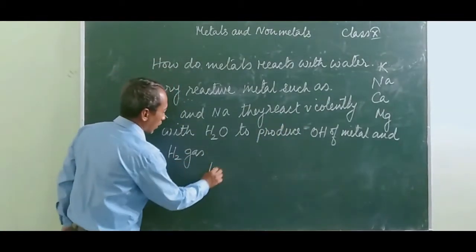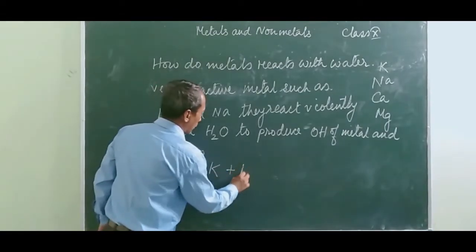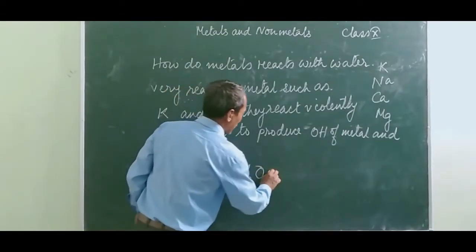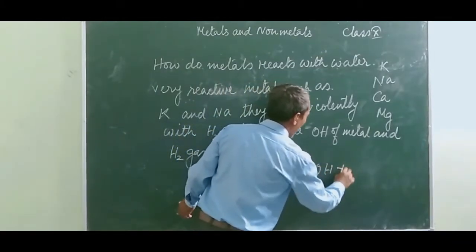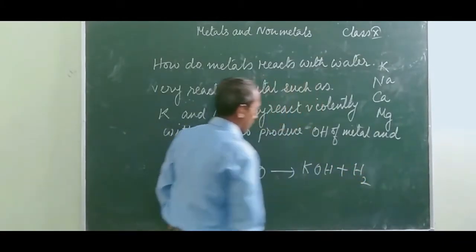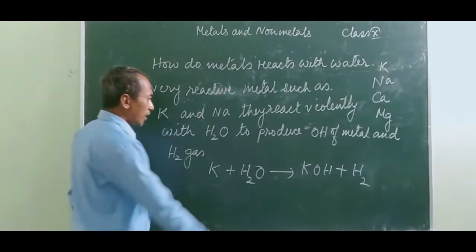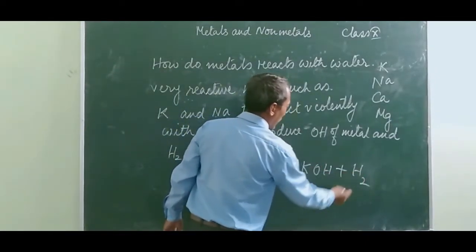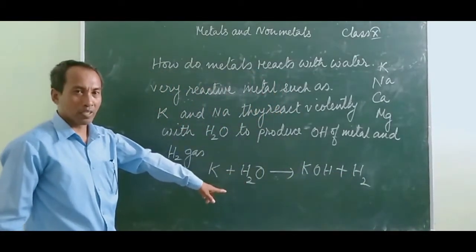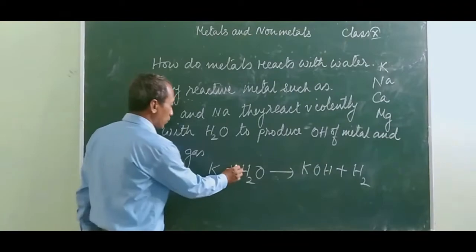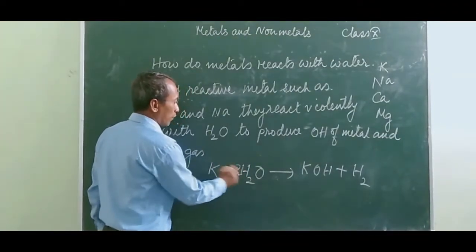So if you allow potassium to react with water, the chemical reaction will give potassium hydroxide plus hydrogen gas. So here one hydrogen, here two hydrogen, here becomes three hydrogen, but here is two hydrogen. So it is not balanced. So you put a 2 here, to make it 4.